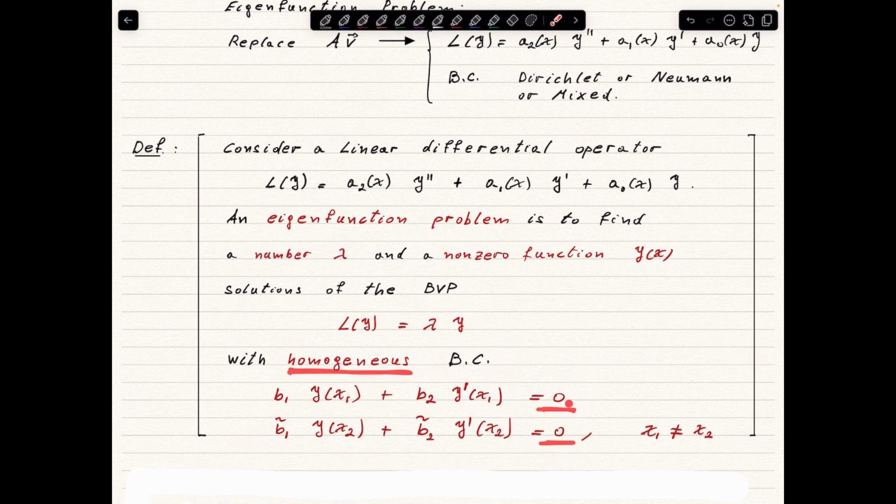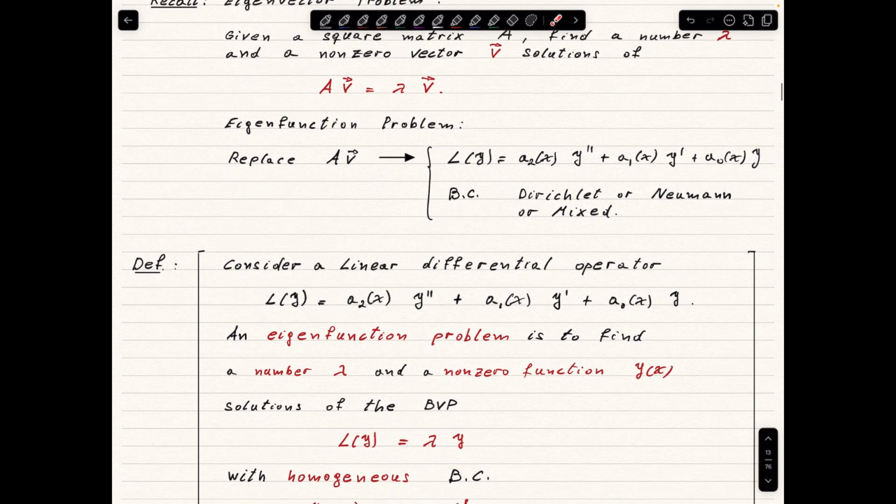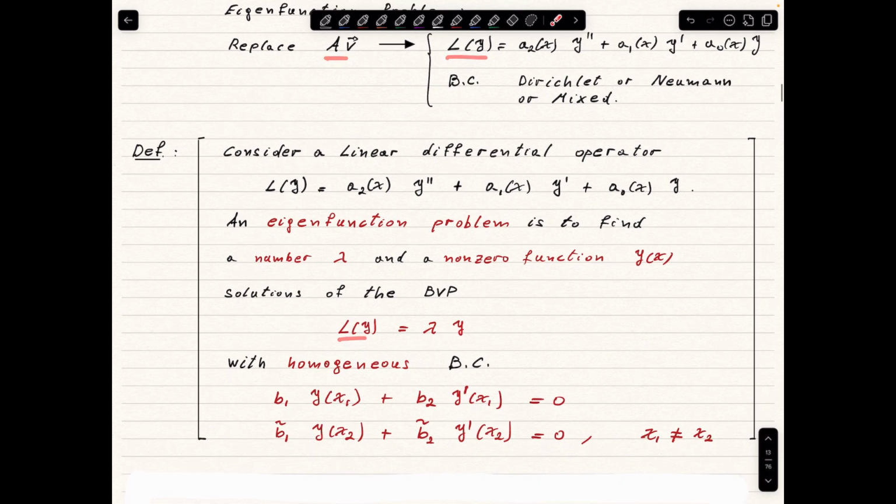So the coefficients d1 and d2 that we mentioned before are now 0. So this is an eigenfunction problem. You see the equation we are solving looks pretty similar to the eigenvector equation, where we are replacing the matrix by the linear operator, as we said before. But now we need to solve a boundary value problem with these boundary conditions.